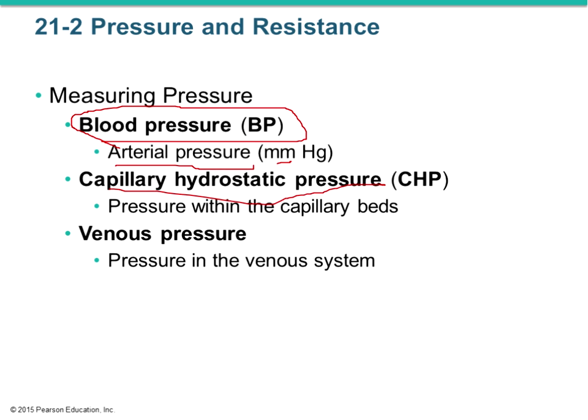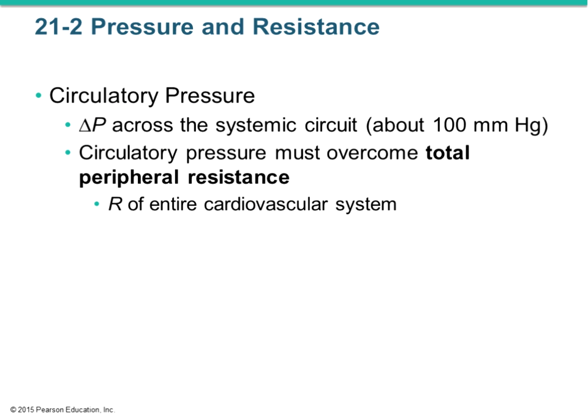Systolic over diastolic. There's also capillary hydrostatic pressure. You can get pressure in those capillary beds, and then of course venous pressure. So really there are three ways, right? Arterial, capillary, and venous system. Those are the pressure locations that you want to read.